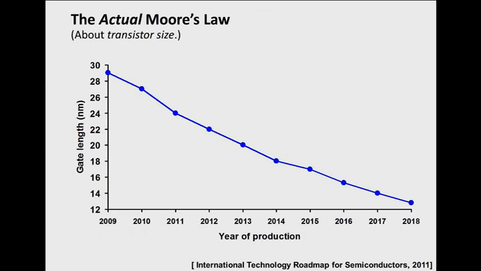The reference here is the ITRS 2011, the International Technology Roadmap for Semiconductors. The $300 billion semiconductor industry sits down every year. About 300, 500 people sit down and come up with a roadmap for the next year, the next 5 years and 10 years, and try to come up with ways to make sure that Moore's law doesn't end, and that this exponential keeps happening.